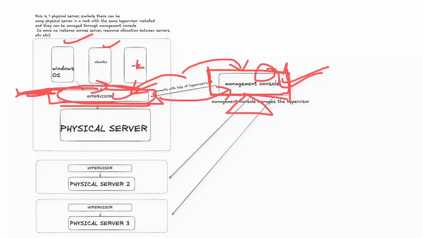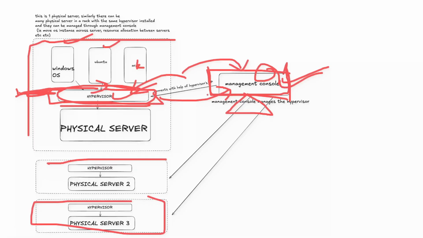You see in movies where there is an infinite number of racks lying there. It's all based on this type 1 hypervisor. Similar to this setup, we have another rack and another rack and so on. Every one of these racks is installed with the same software. Every hypervisor on the physical server exposes this IP, and through this you manage them with the help of the management console.